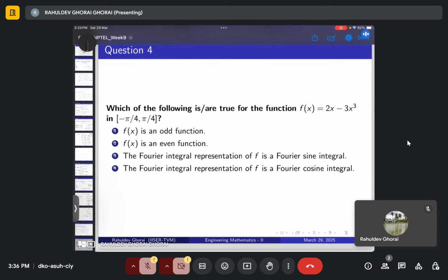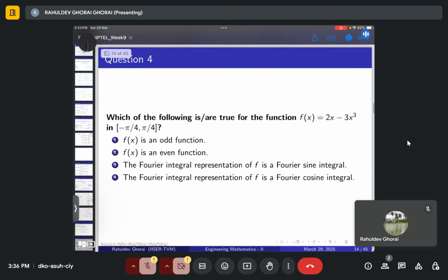So here now we'll come to question 4. Which of the following is true for the function f(x) equal to 2x minus 3x cube in minus pi by 4 to pi by 4. You know, the first option is asking whether it is an odd function or not.